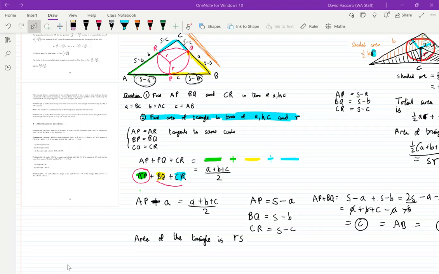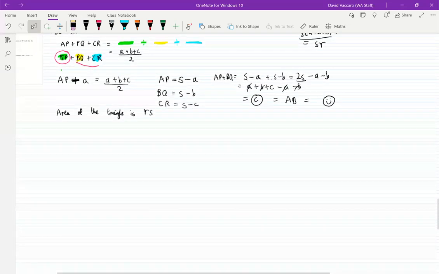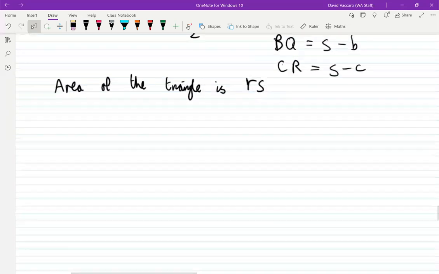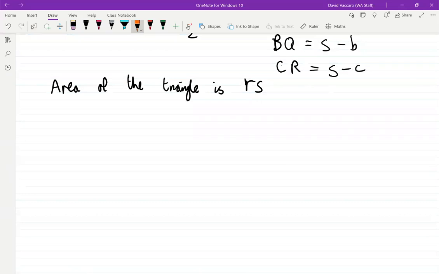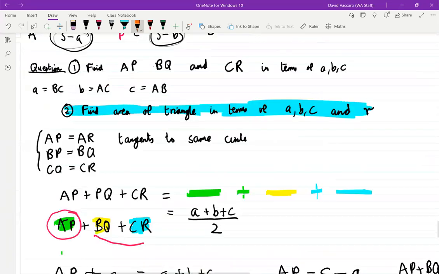Okay, so we've got yeses. So what I'm going to do now is draw a triangle. And this is a little bit tricky to draw. So I'm going to label the corners the same way.